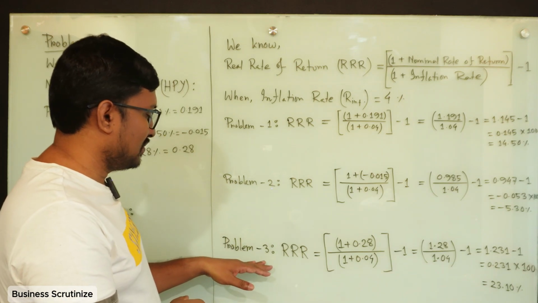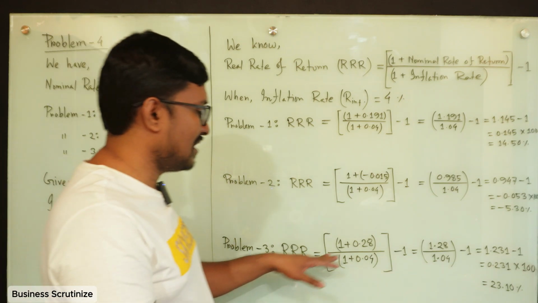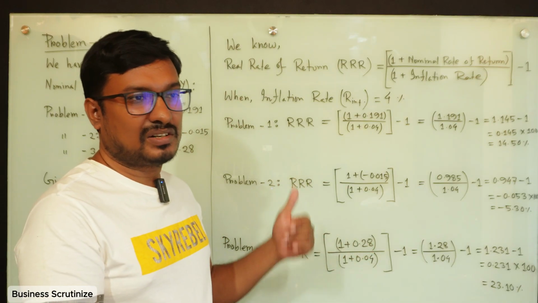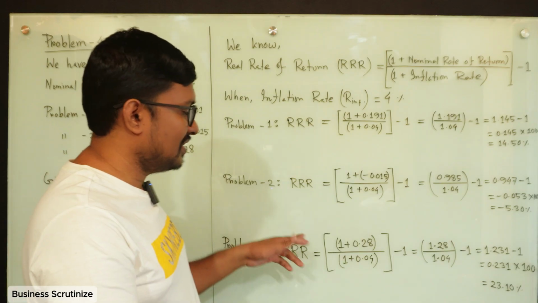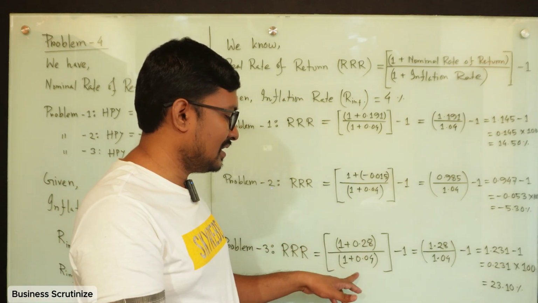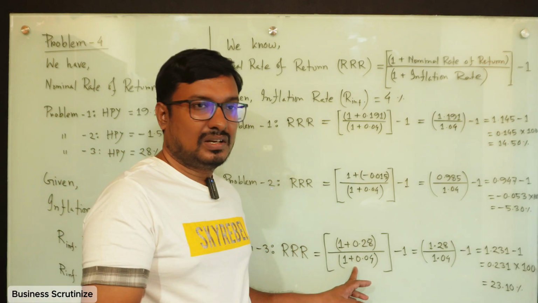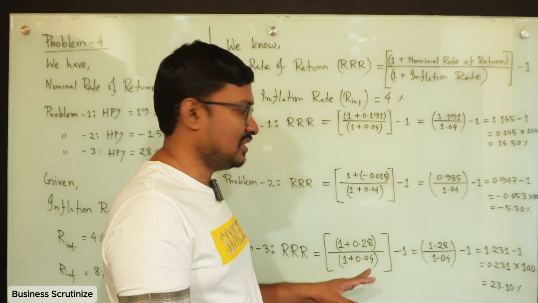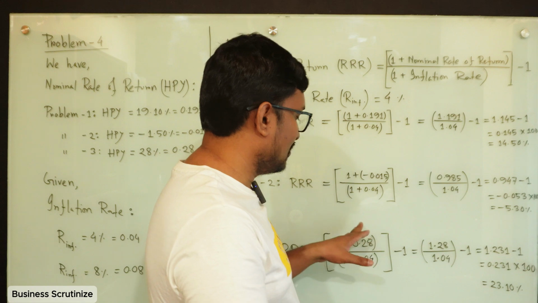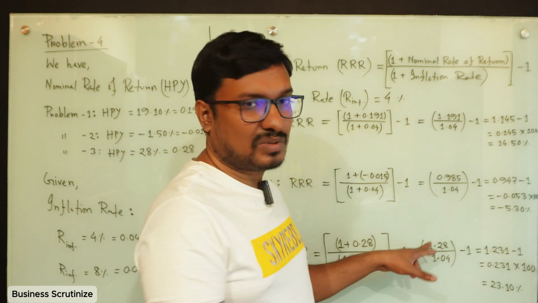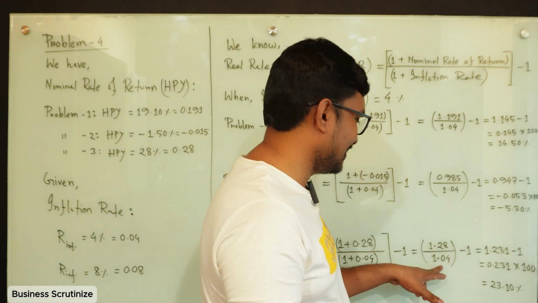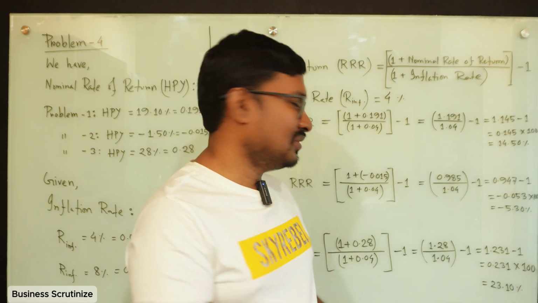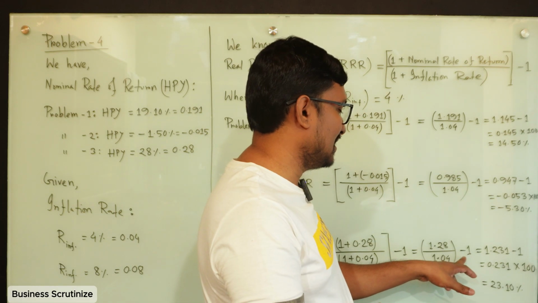Lastly, in problem number 3, we just replace the nominal rate of return with 28%, so 0.28, and the denominator is 1 plus 0.04, the inflation rate, minus 1. The numerator sums to 1.28, a very simple step. We divide it by 1.04 and subtract 1.